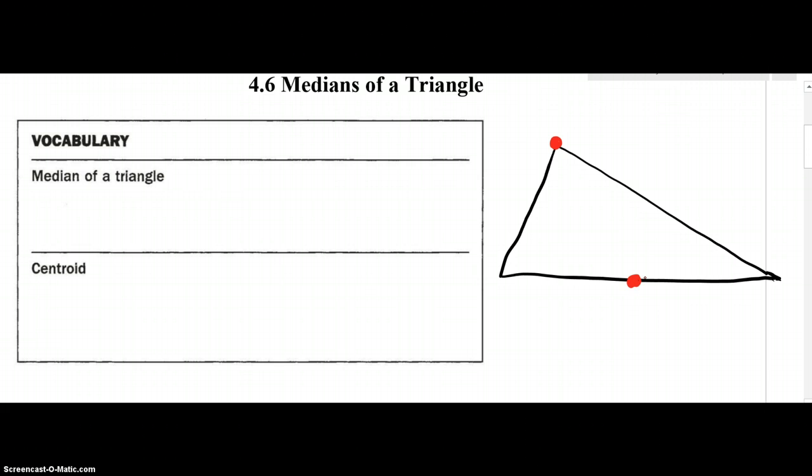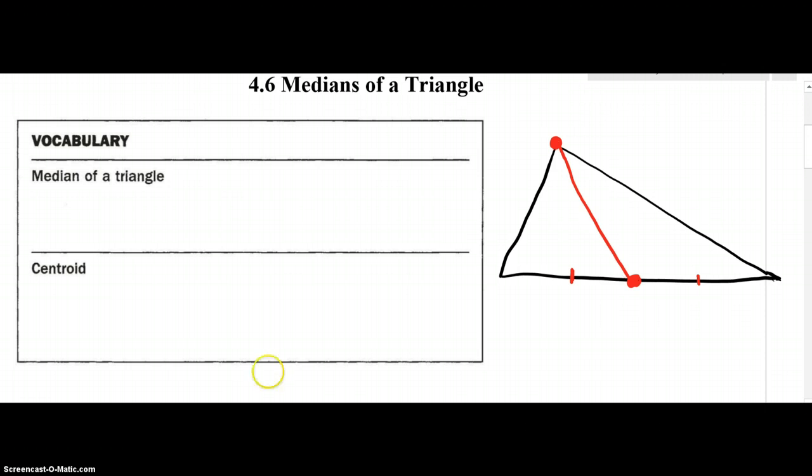How do I know that that's the middle for sure? I could measure it, or if I want to label it, I just label it with little tick marks that show that those two sides are equal. That lets me know that it's the midpoint. I am going to connect the vertex to the midpoint. That is the median.